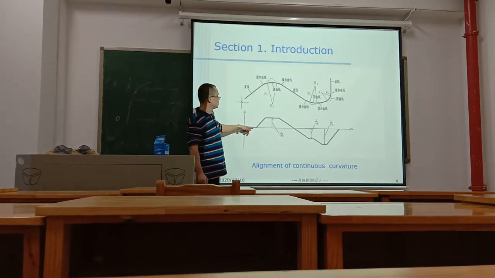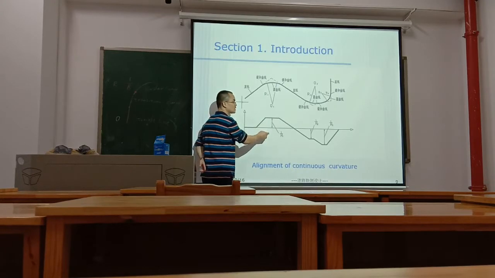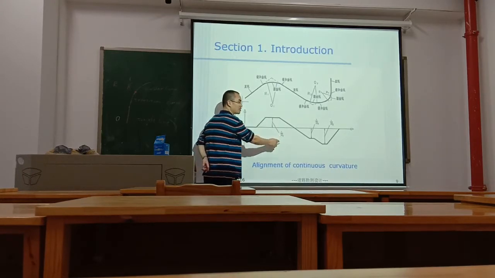So the curvature of the transition curve changes from 0 to 1 divided by R.